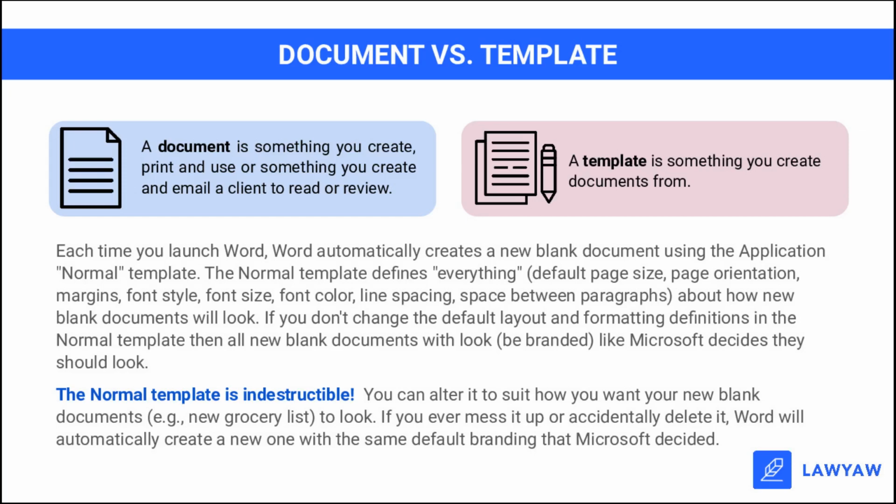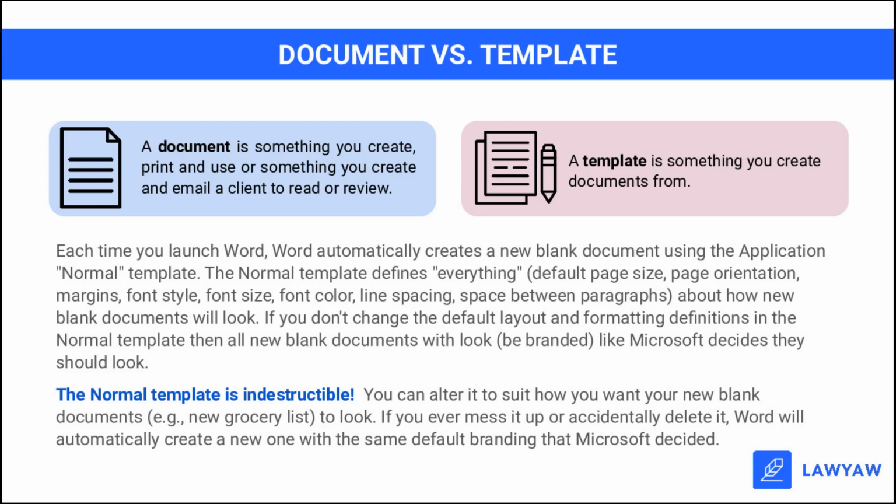Every time you launch Word, Word automatically creates a new blank document using the application's normal template. The normal template defines everything about how new blank documents will look: the page size, the page orientation, the margins, the font size, font color, line spacing, space between paragraphs.